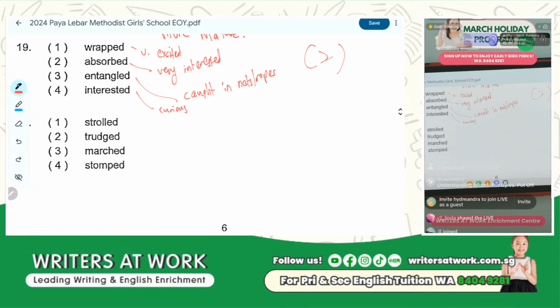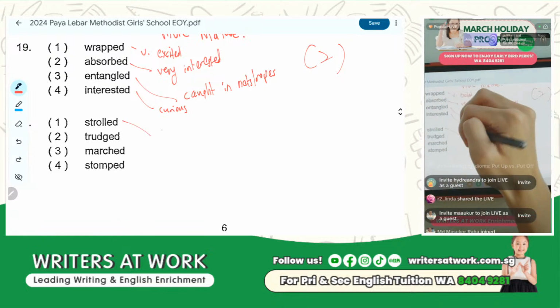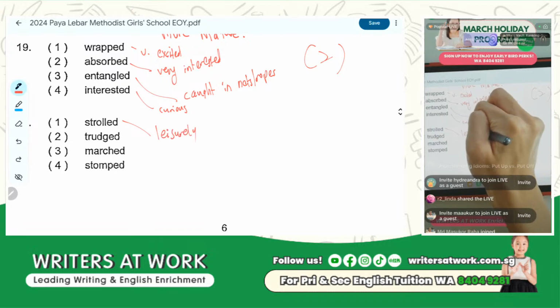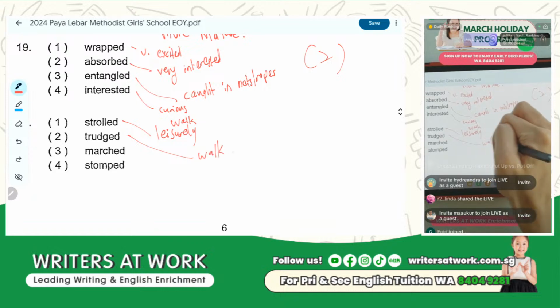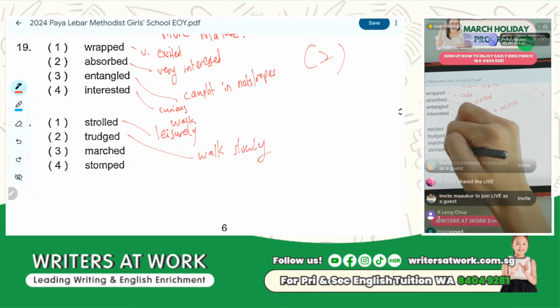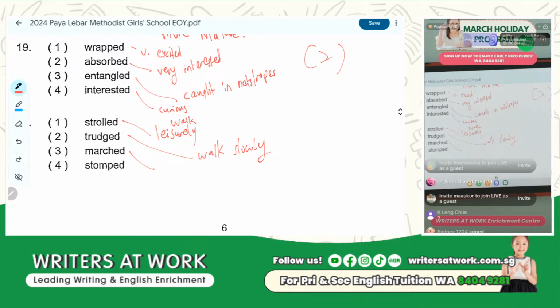Okay, so looking at the options, number 1 is strode. Strode has this idea that you are walking leisurely. That means you are very relaxed, you are not very worried about anything. Okay, next one, when you trudge, it means that you walk slowly. So usually when you trudge, you are having the emotion of unwillingness.